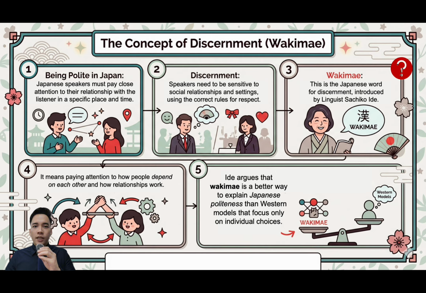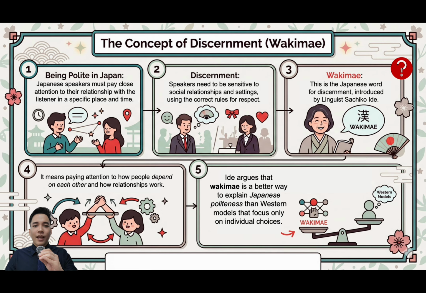So politeness is not always an individual choice. Sometimes politeness means following the correct social rule. For example, a student cannot simply choose to speak to a professor like a close friend. The relationship already requires certain respectful forms. So the main idea of this line is that wakimae means knowing the relationship, knowing the setting, and using the correct forms of respect.